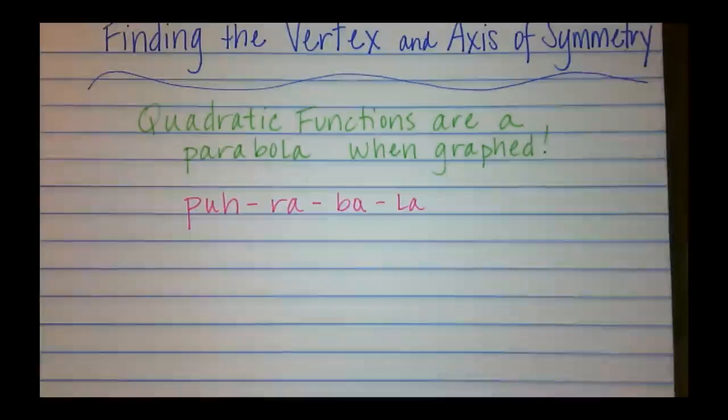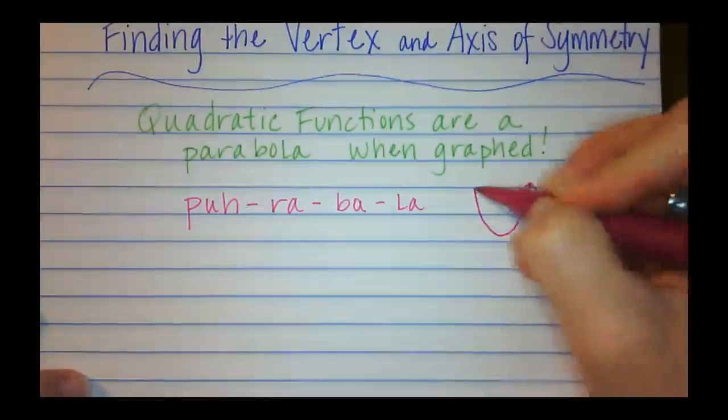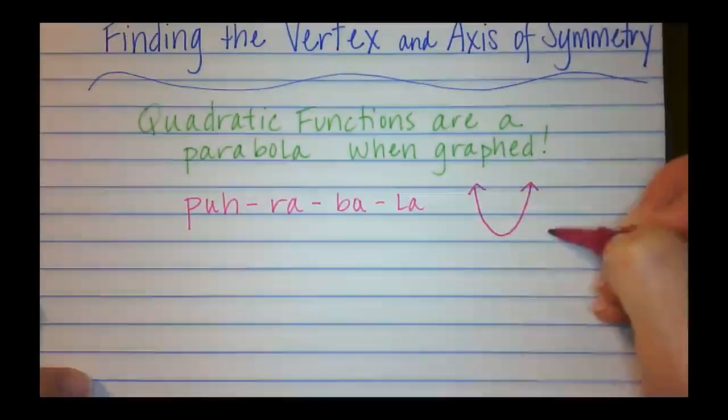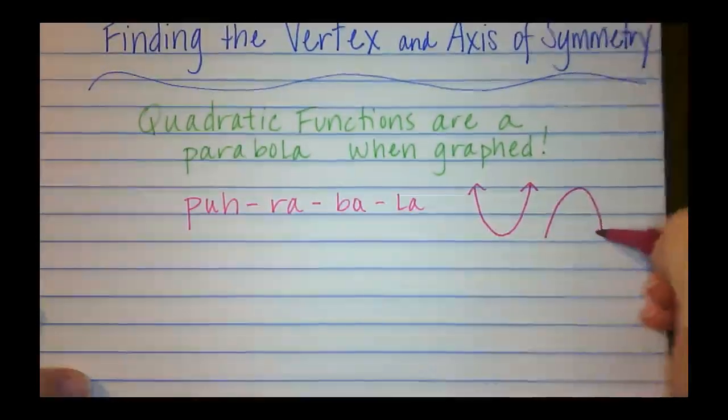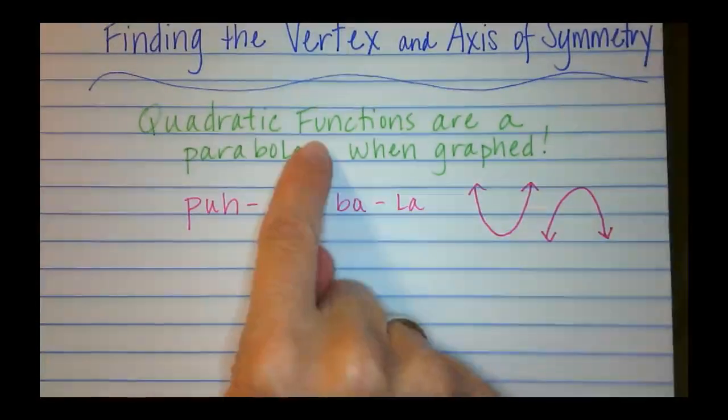A parabola is a U shape, and it's not a V, it's a U, so it will look like this, or it could look like this. And it can't go right or left since we are dealing with functions.